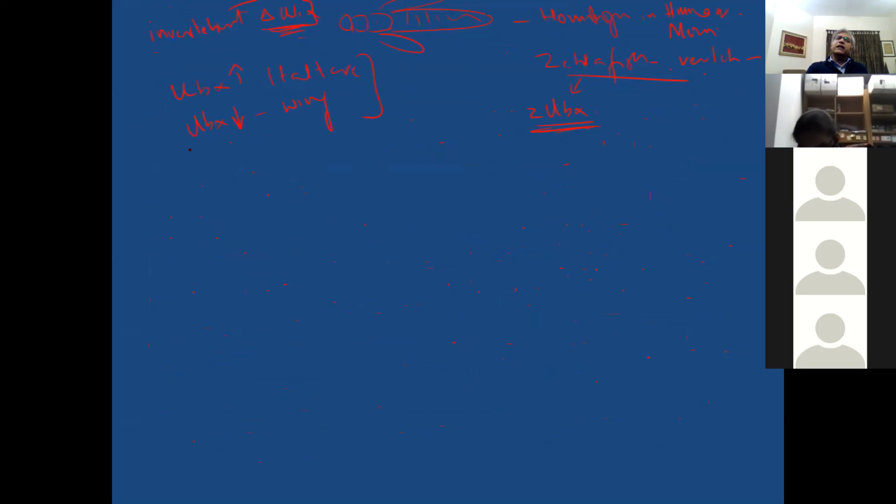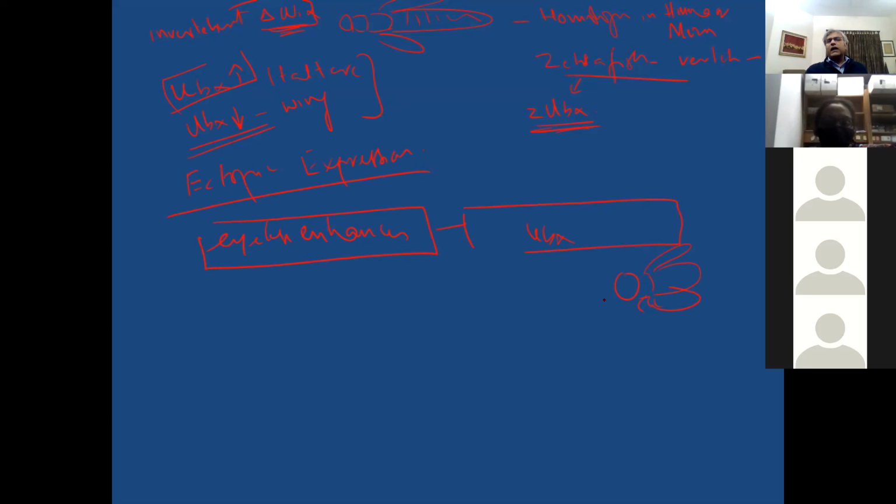In order to understand that UBX is very critical for developmental processes, you do ectopic expression. We did this in our last lecture. We said, let's take the eyeless enhancer, which expresses only in the eye, clone UBX under it, and then express in the adult eyes of fly.